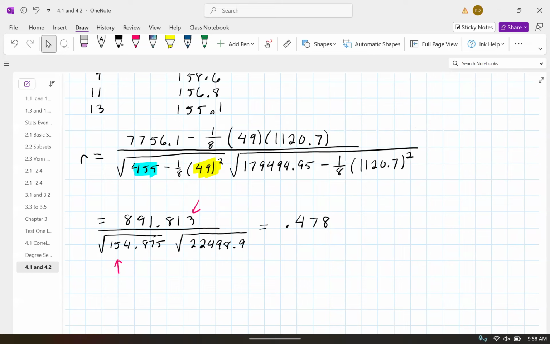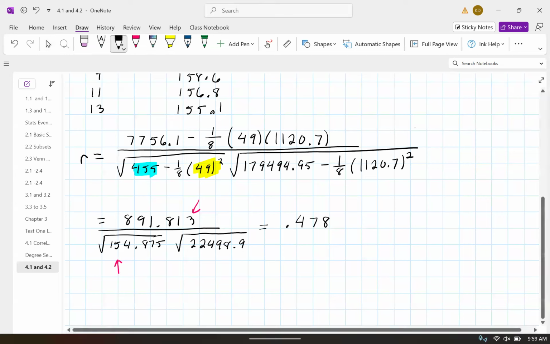Yeah, okay. So our correlation coefficient is really lousy. We have a 0.48 or 0.478. This tells me our data is probably not very linear. So if I were to graph it, it's going to be all over the place.